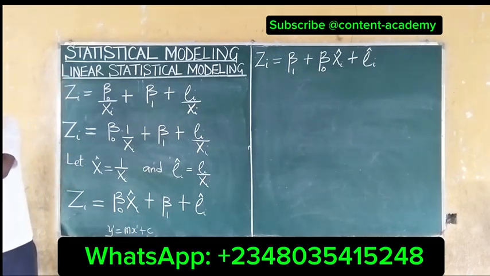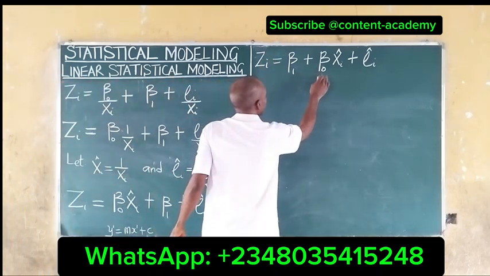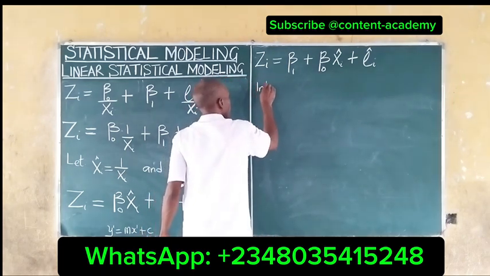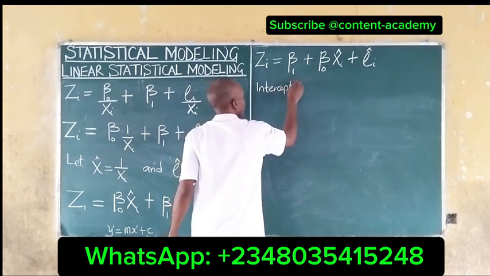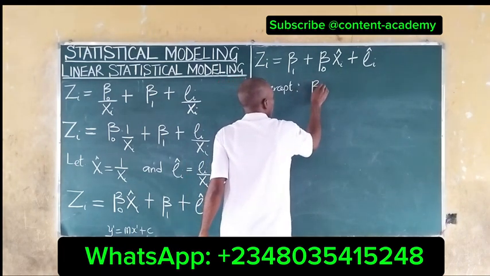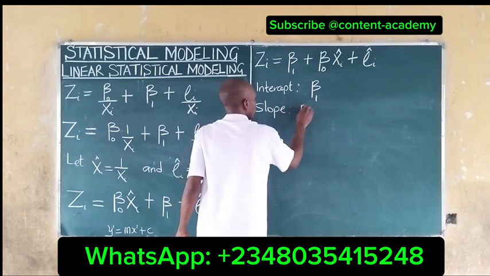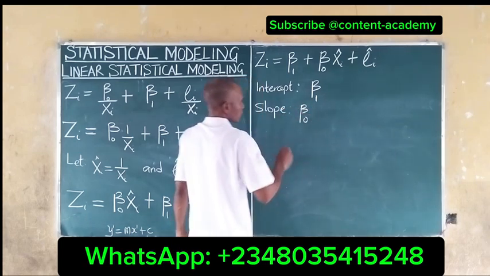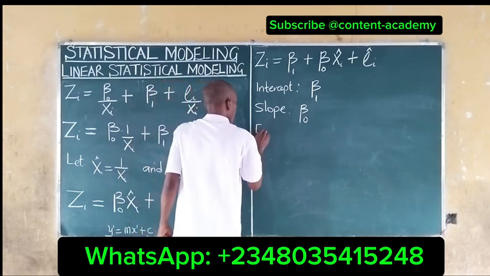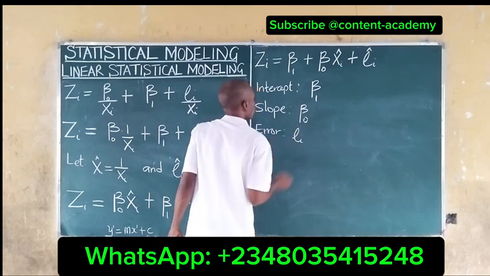The next thing to do: we have this, our intercept here becomes b1. Our slope is b naught. Our error term is e_i, of course.